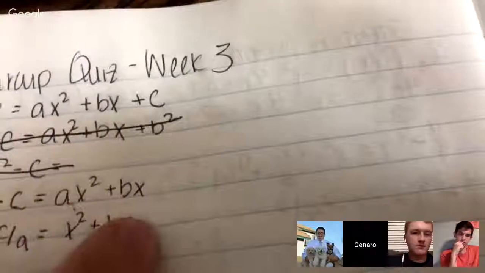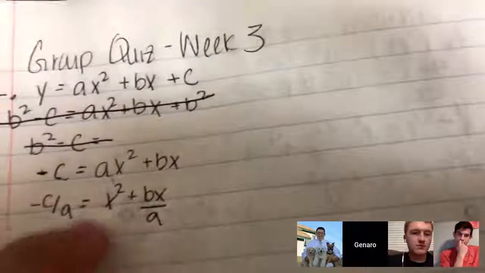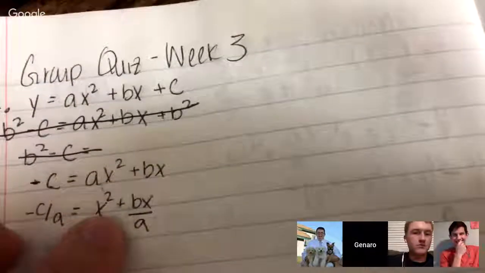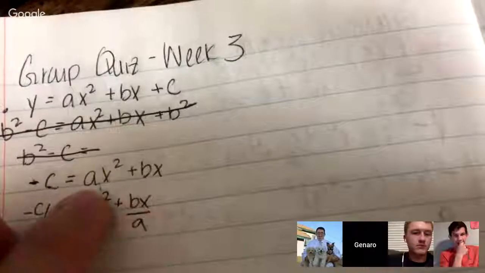Since you want to get an X squared plus something so that you can get two binomials to times each other, I divided by A. So you get X squared plus BX over A, and then A on this side.